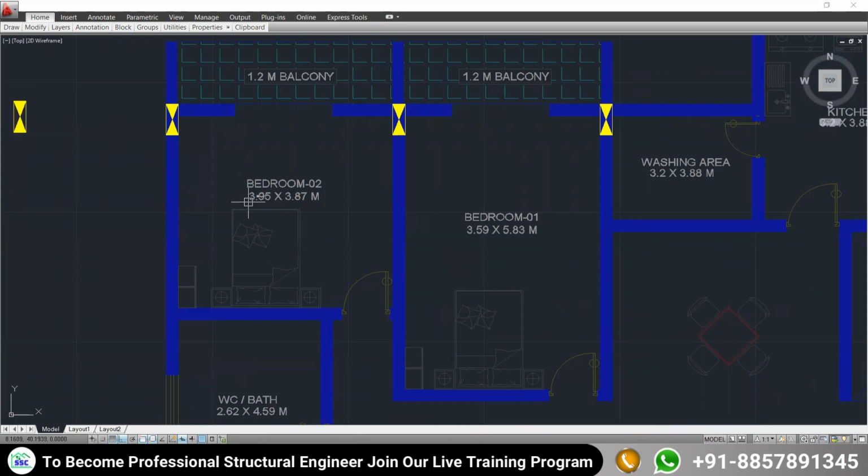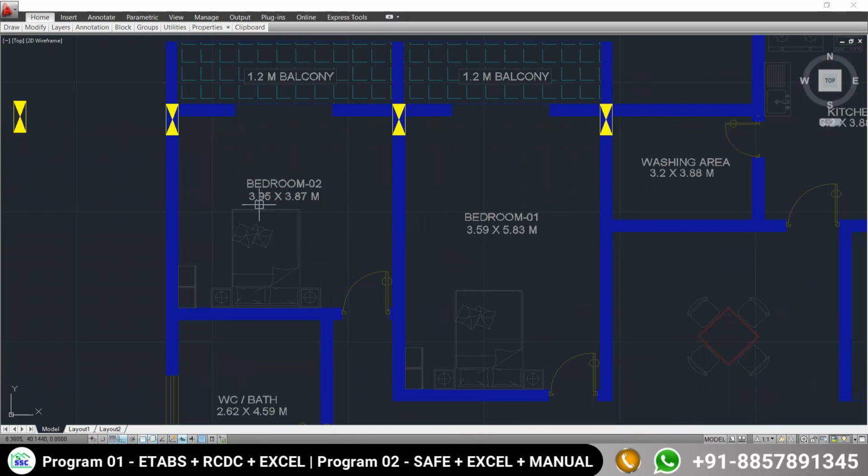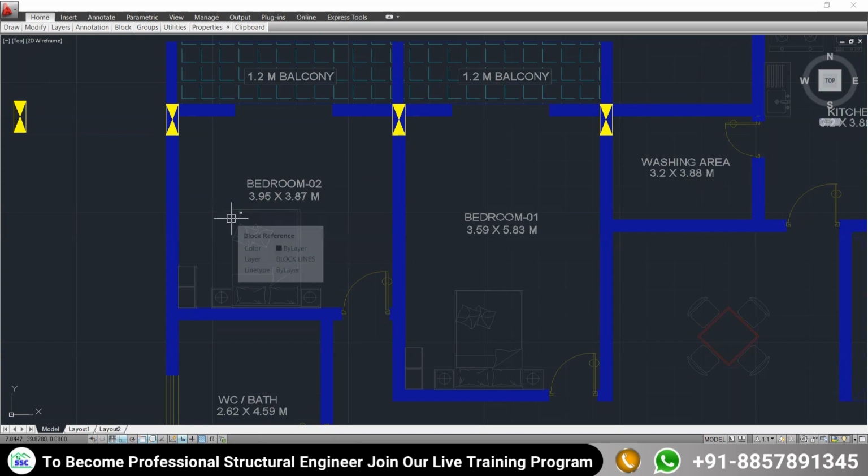Just take 4 meter multiplied by 3.1428. 1 meter is equal to 3.28 feet, I think. Yes, sir, check it. 13 feet.